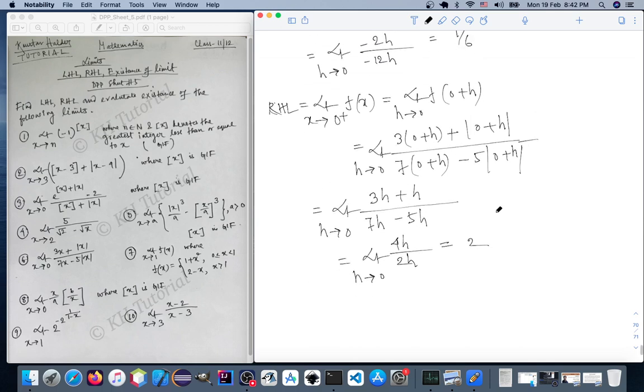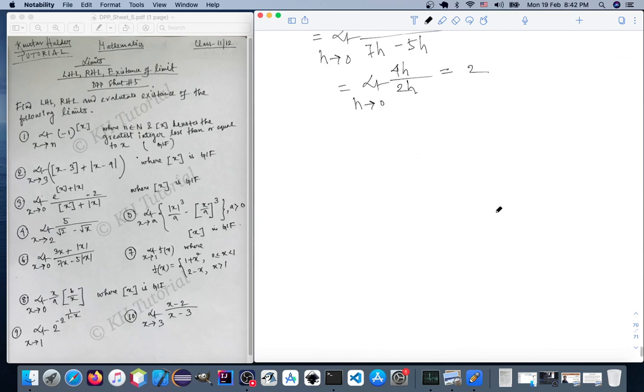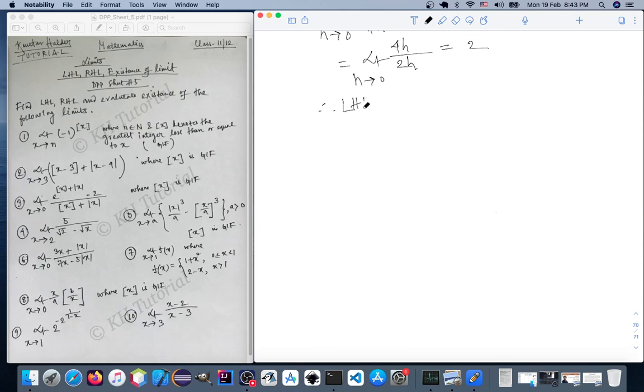Since LHL and RHL are different, therefore LHL not equals to RHL implies limit x tending to 0 f(x) does not exist.